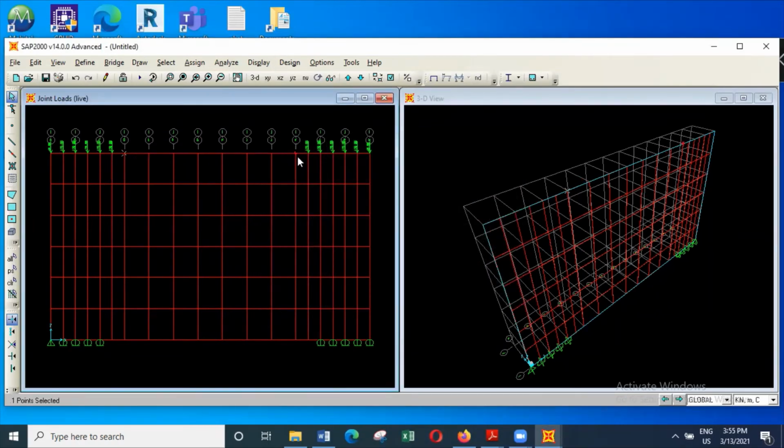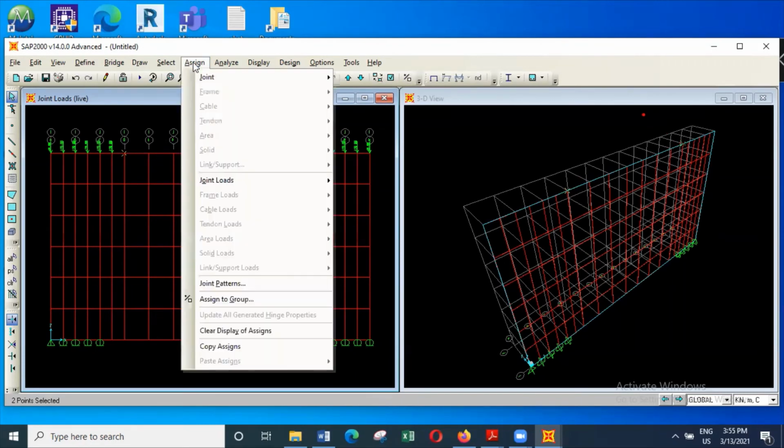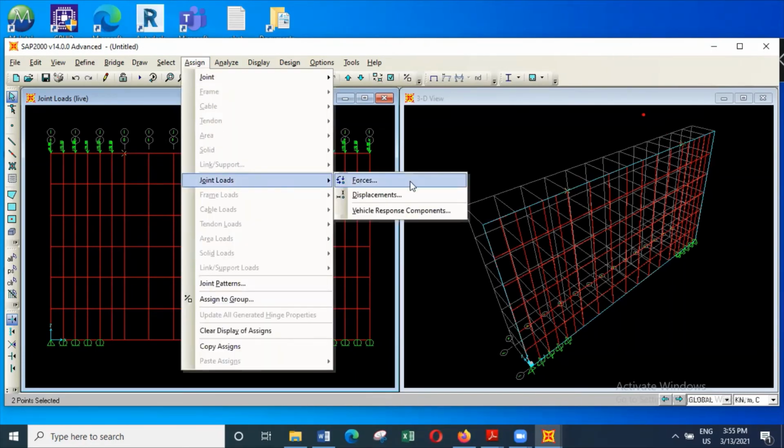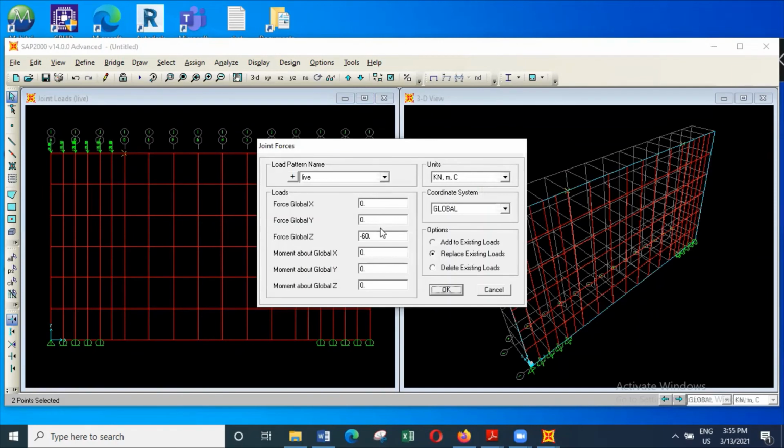And here I will assign live load of minus 60 plus 120, that is 180.